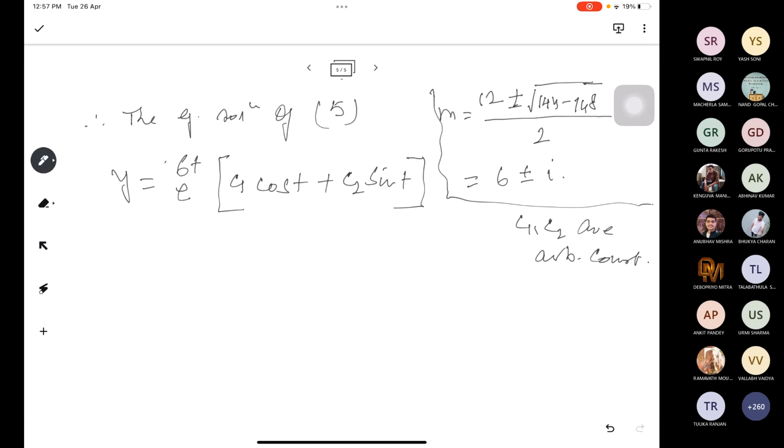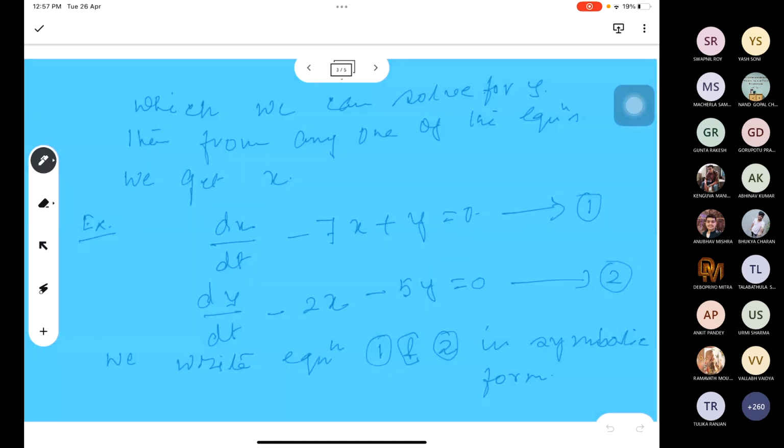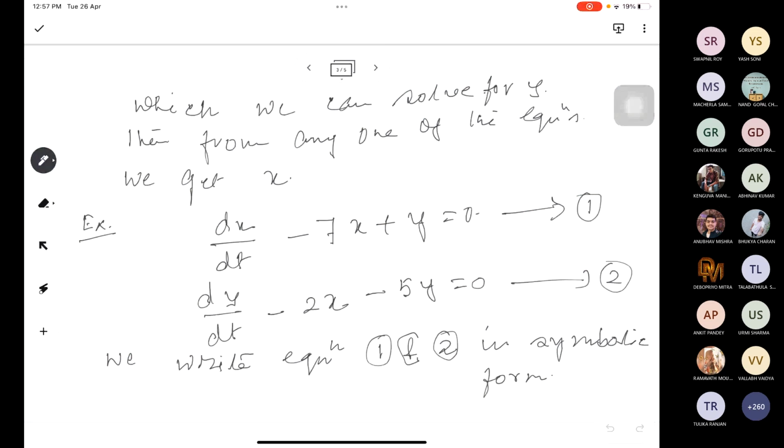Now we have to put this in any one of the given equations. Say equation 1. No, we put it in equation 2.